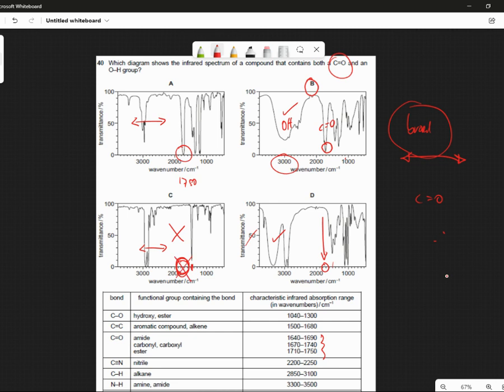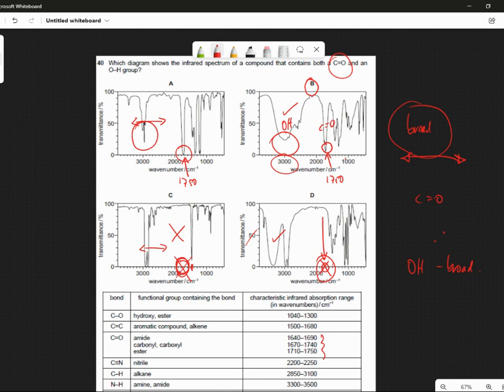It can't be C. This is about the same place. It can't be D. So the answer is either A or B. This is about 1750, and this is about 1750. So you could have said it's either A or B, and then this is about 3000, and this is about 3000. So the only way that you can know the answer is you must know the OH peak is broad.